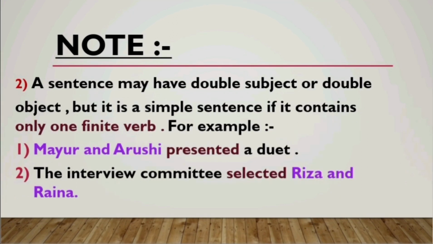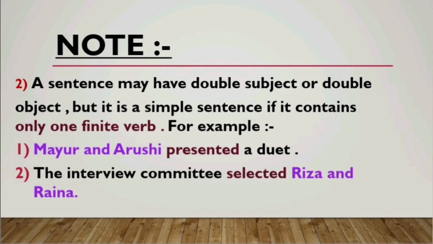The second point to be noted is that a sentence may have a double subject or double object. Double subject or double object means having two subjects or two objects, but if it is a simple sentence, it contains only one finite verb.